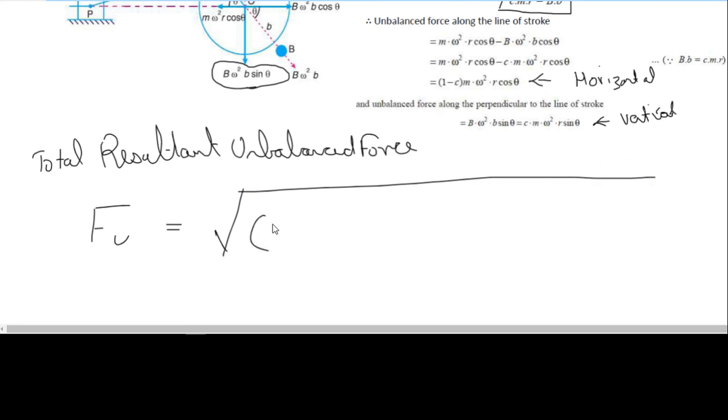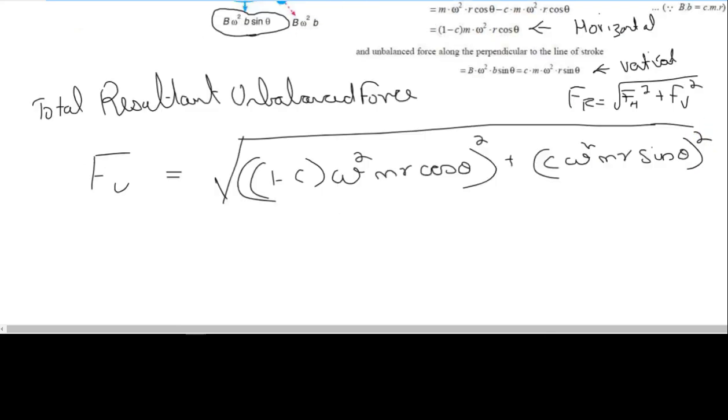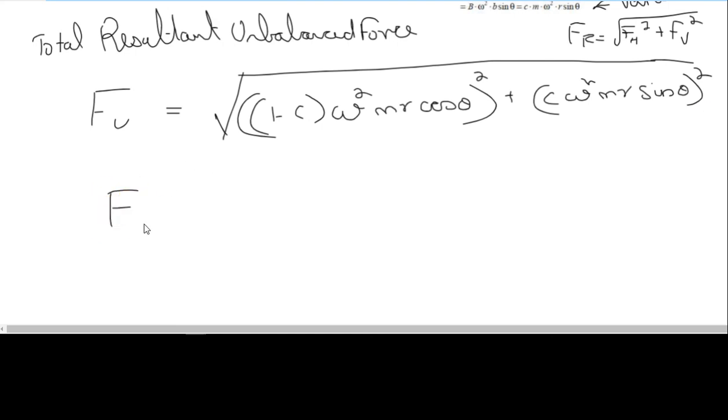So it will be (1 minus c) omega square m r cos theta, whole square, plus c omega square m r sin theta, again whole square. This is nothing but F_R is equal to root of F_H square plus F_V square, that is horizontal component square plus vertical component square. Since it is the resultant, it is better to call it F_R, the resultant unbalanced force.